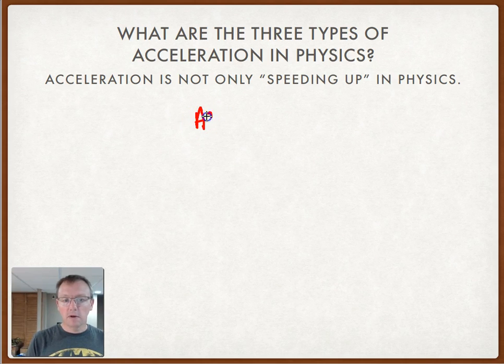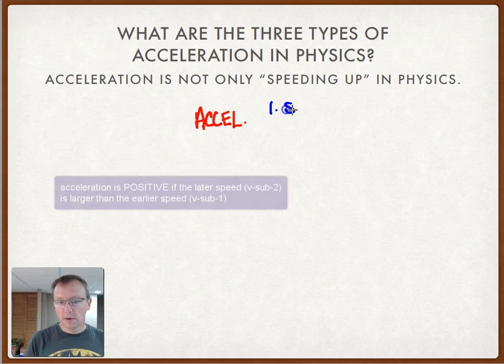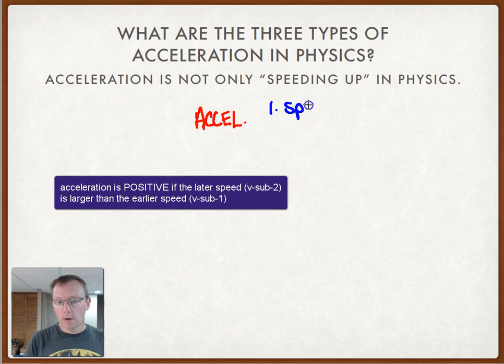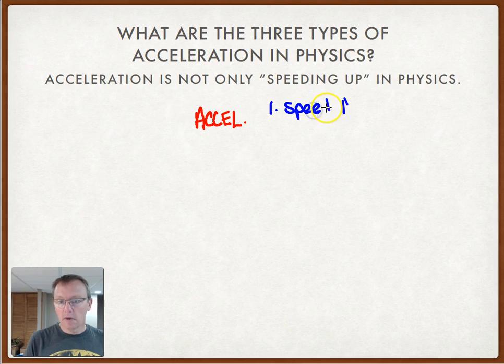So if you hear someone talking about an acceleration, they could be referring to one of these 3 possible situations. The first is speeding up. And my pen is really not good right now. There we go, speed up.